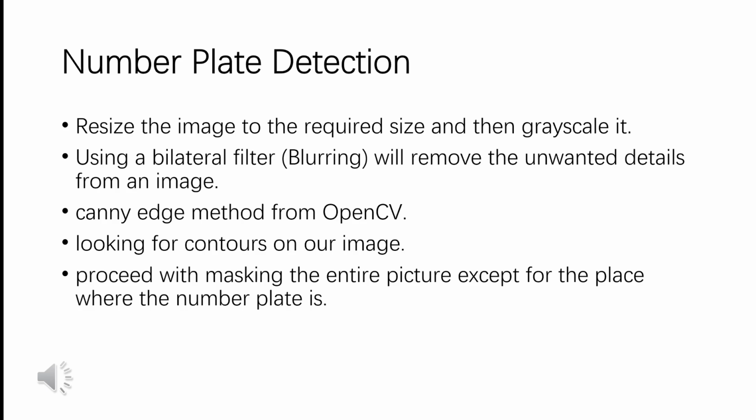After we know where the number plate is, the remaining information is pretty much useless for us. So we can proceed with masking the entire picture except for the place where the number plate is.